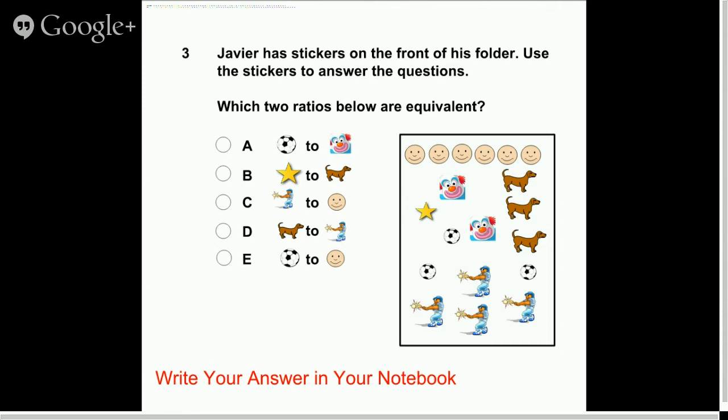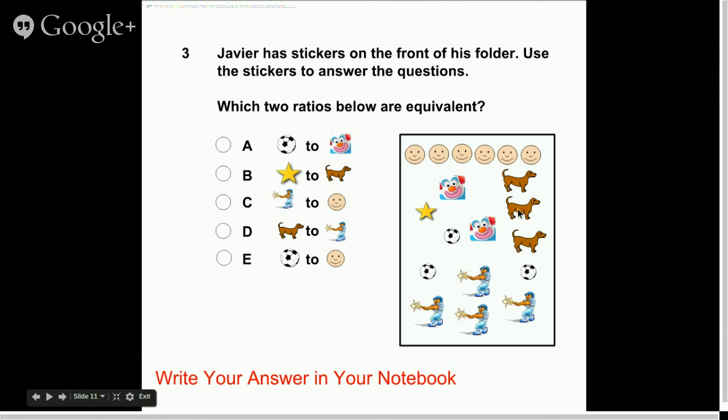Okay. Soccer balls to clowns would be 3 to 2. Stars to wiener dogs is 1 to 3. So 3 to 2, 1 to 3. Nope, that one's not. How about 4 to 6? 4 to 6 and 2 to 3 are equivalent.